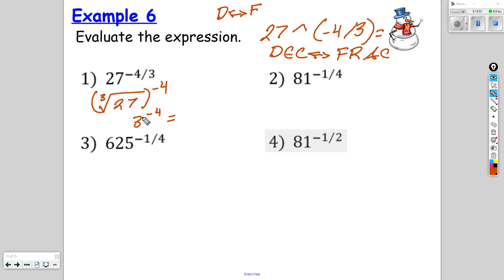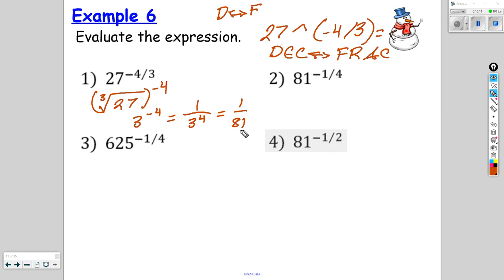So to do that, we just put it on the other side of the fraction bar, which would be the denominator here. So we have 1 over 3 to the 4th power. And then we could just multiply 3 4 times, and we'll get 81. So this is just 1 over 81. So that decimal that you would have gotten if you did it in the calculator is just 1 over 81.